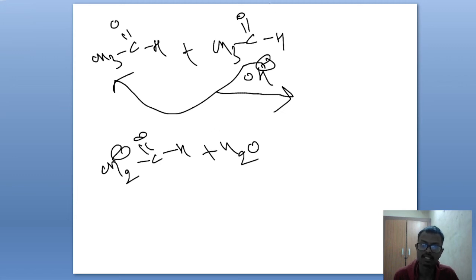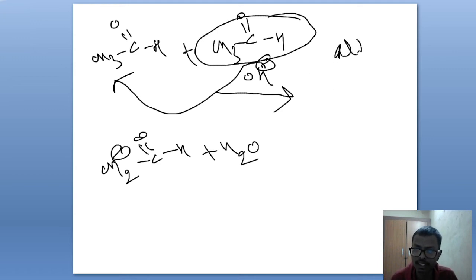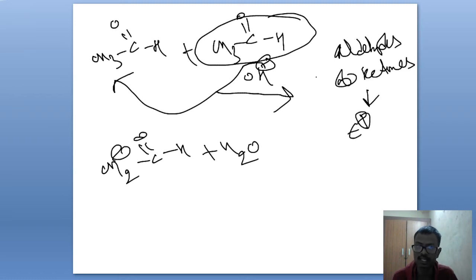But we have this molecule also over here. Already we studied that aldehydes or ketones are electrophilic. Why are they electrophilic?